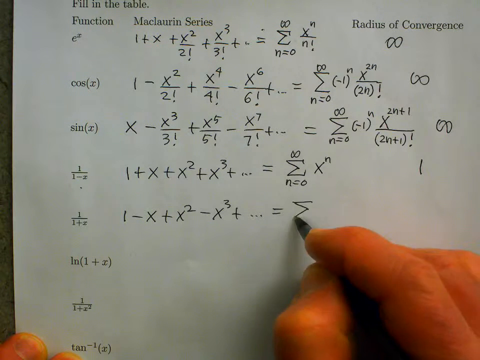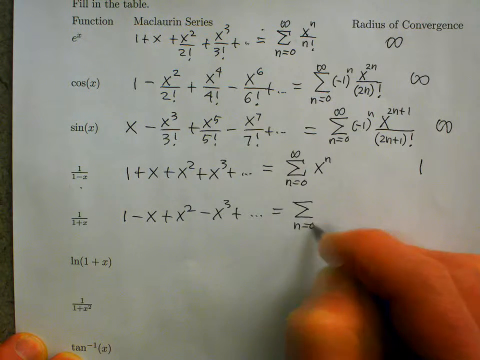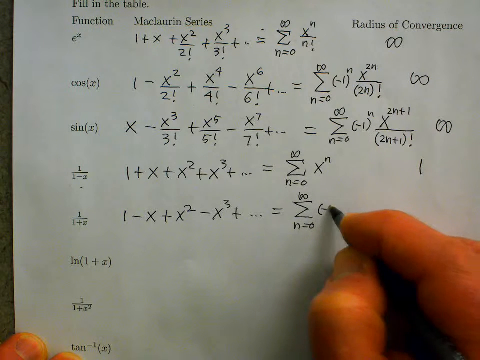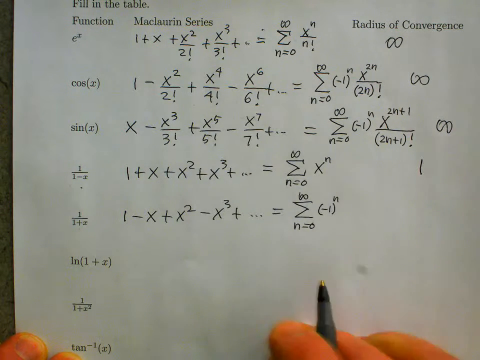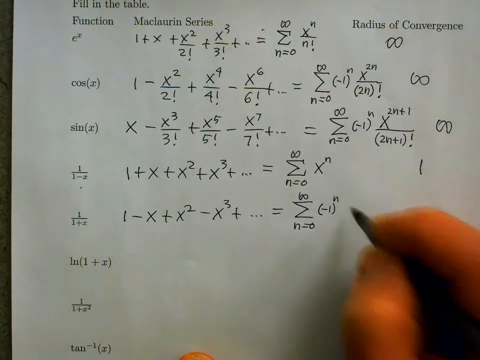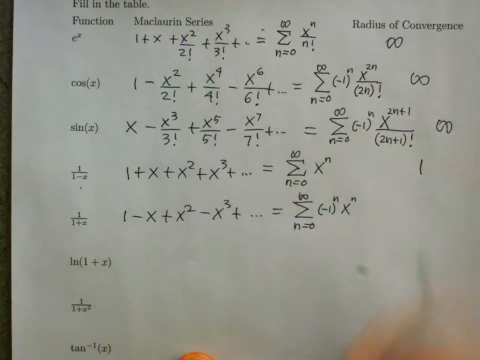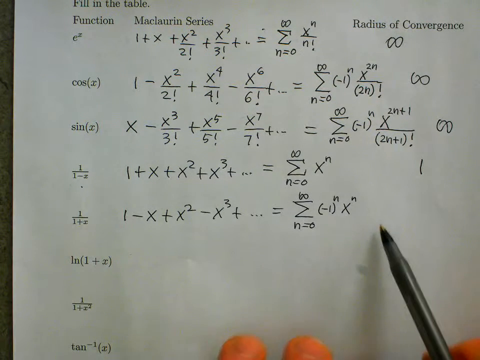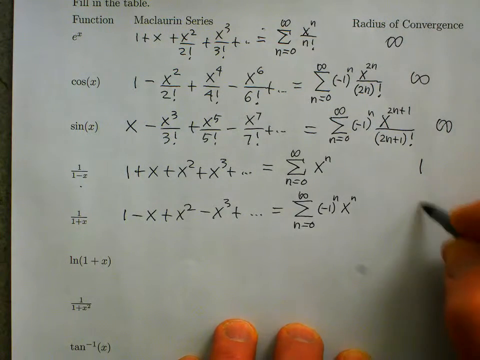So in sigma notation, from n equals 0 to infinity, it's an alternating one, so -1 to the nth times x to the n. The radius of convergence for this series is 1.